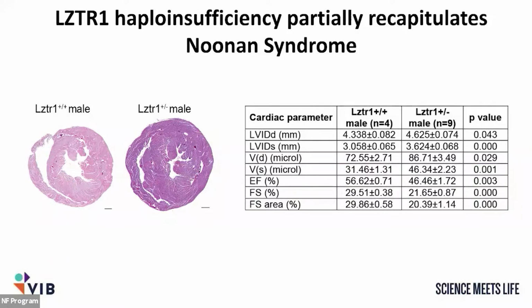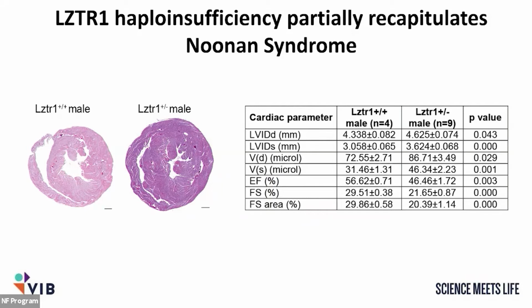As we can see at histology level, it's mostly due to increased size of cardiomyocytes, and also by echography analysis. And it's quite logical because, as I mentioned before, germline mutations of LZTR1 are also associated with Noonan syndrome.